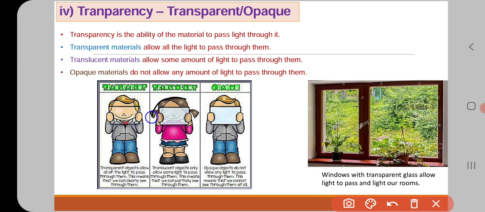Opaque are like a wooden cabinet, no light. Materials that do not allow any light to pass through them are called opaque materials.